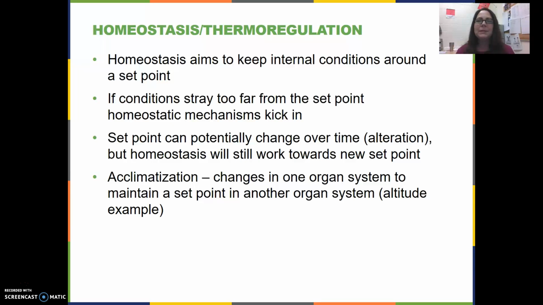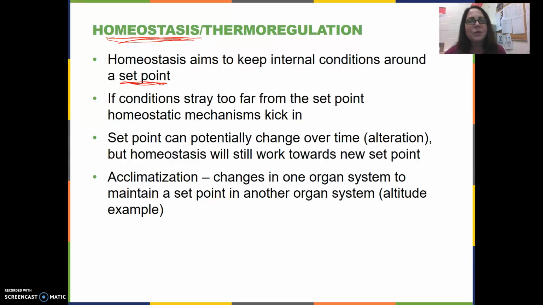Okay, so there's a section on homeostasis, and that's going to focus on regulation of internal body temperature. Homeostasis aims to keep internal conditions around a set point, or fairly constant. Body temperature can range a little bit higher or lower than 98.6 degrees Fahrenheit or 37 degrees Celsius.